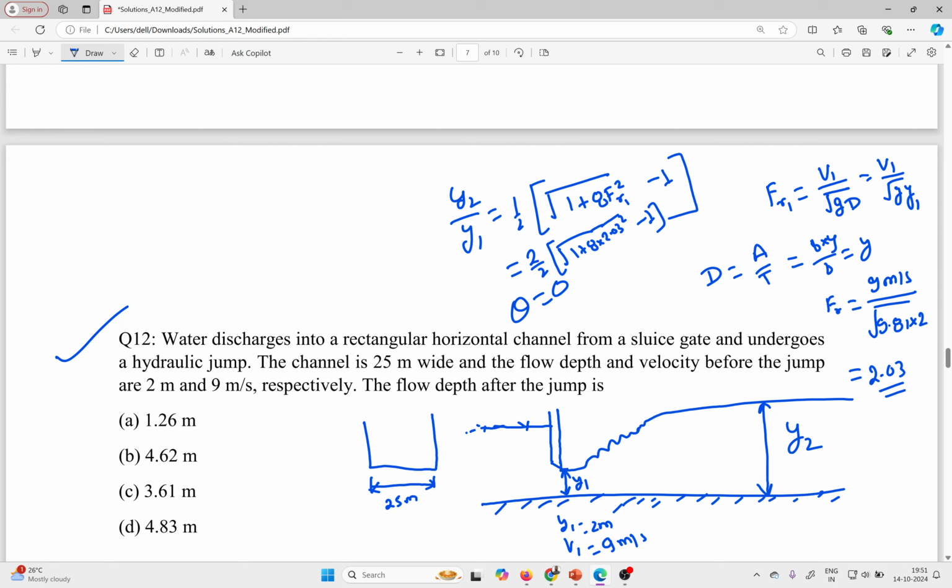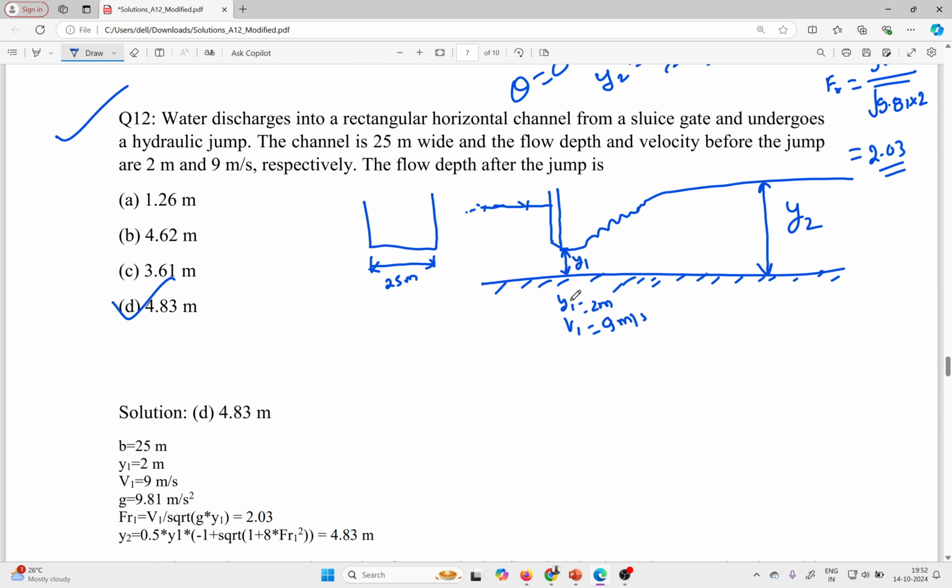It will come around, if my calculation is not wrong, y2 is equal to 4.83. Option D should be correct. 4.8228 meter is coming. So like that you will calculate.